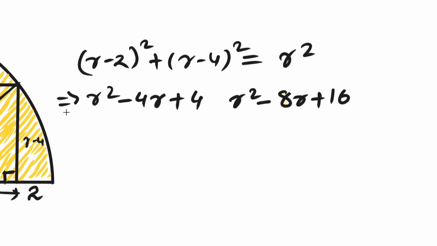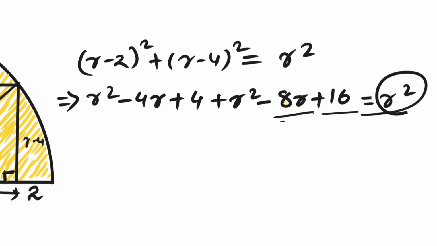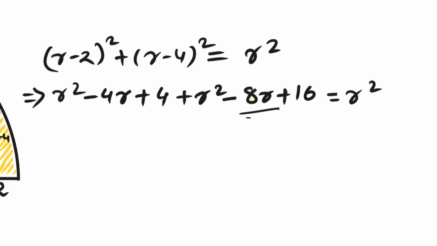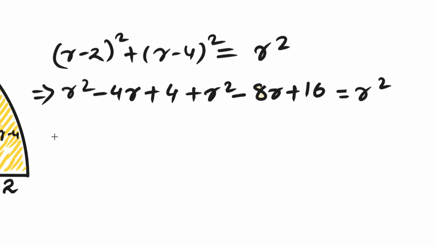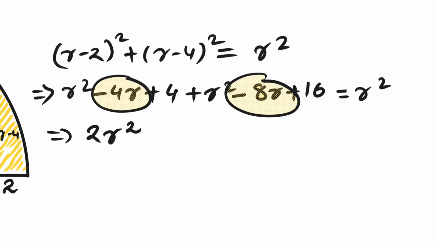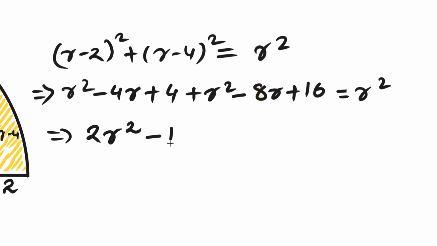So our equation becomes r squared minus 4r plus 4 plus r squared minus 8r plus 16 equals r squared. Now let's combine the like terms. We have one r squared plus another r squared, giving us 2r squared. Then we have negative 4r minus 8r, which gives negative 12r. And finally, 4 plus 16 gives 20.